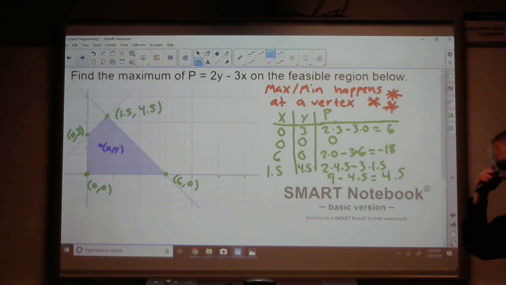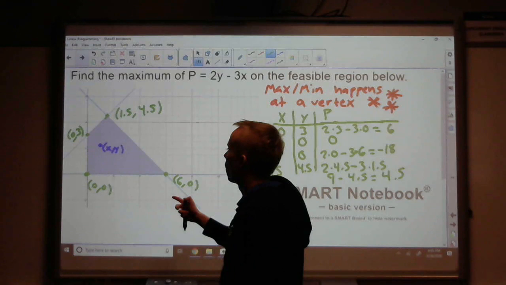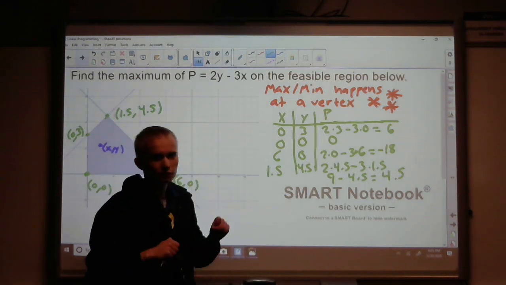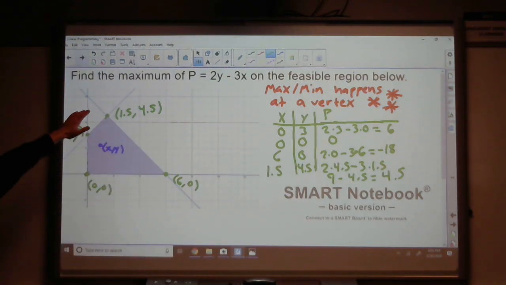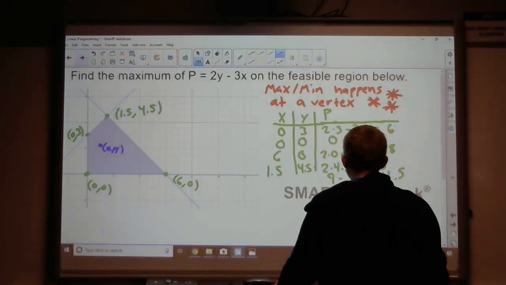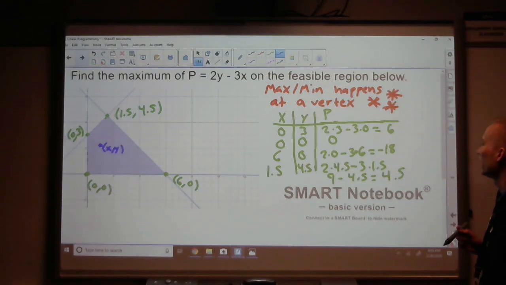So what did I do? I just figured out all the vertices of my feasible region, and I plugged those into the objective function, the thing I want to maximize, okay? And so when I do that, I look over here and I find the biggest number, because I want the maximum, right?